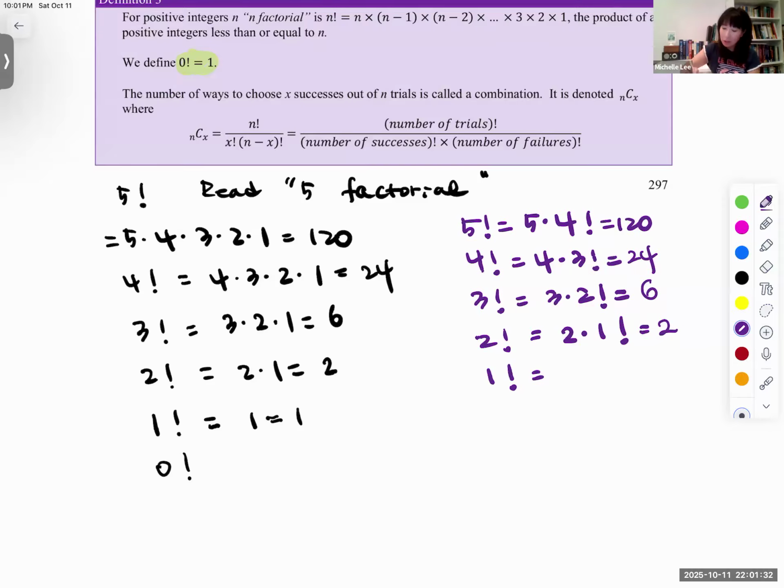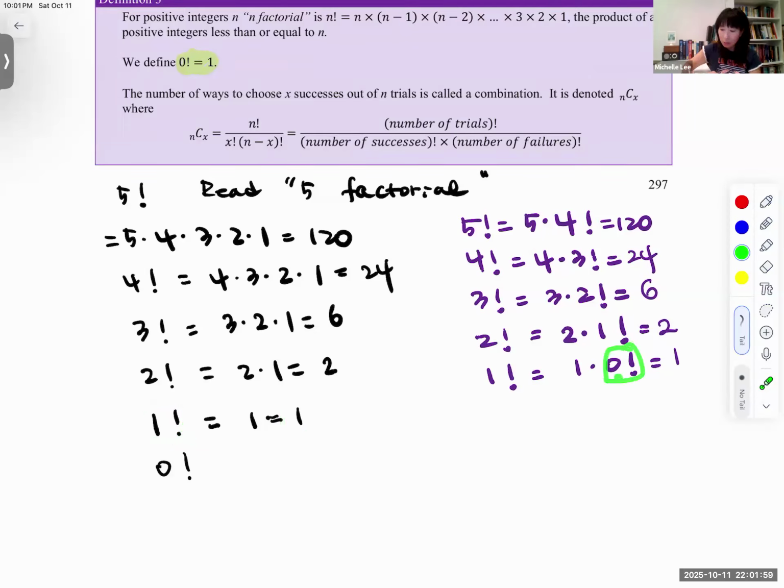How about a pattern? Can we express it as 1 times 0 factorial? I just follow the pattern, right? But then what is this? This is 1, right? We knew that 1 factorial is 1.